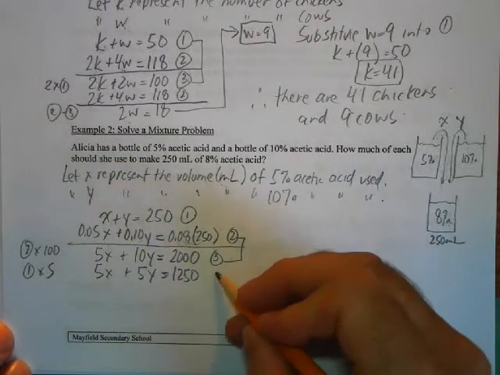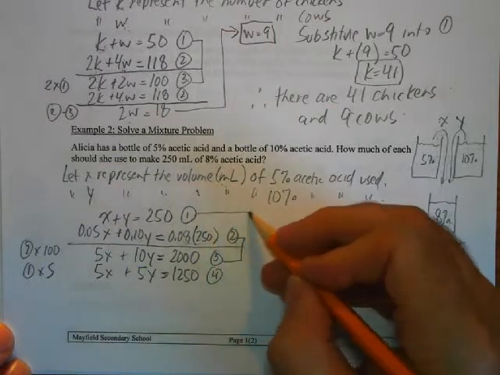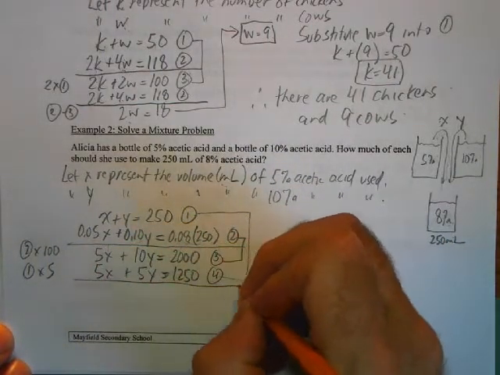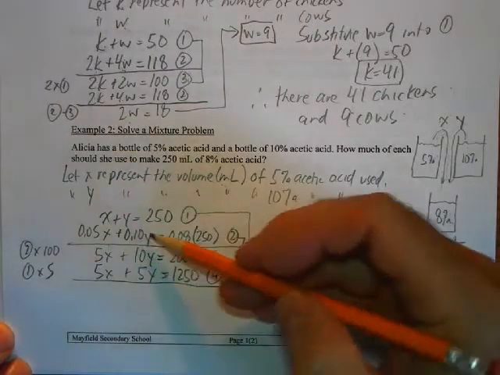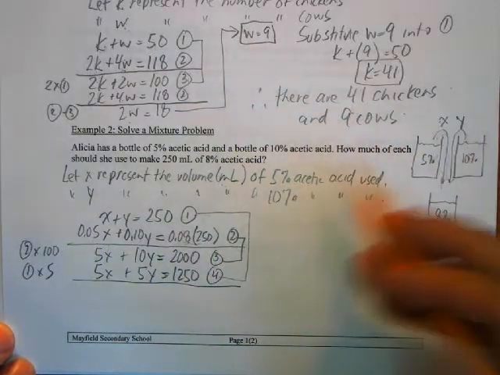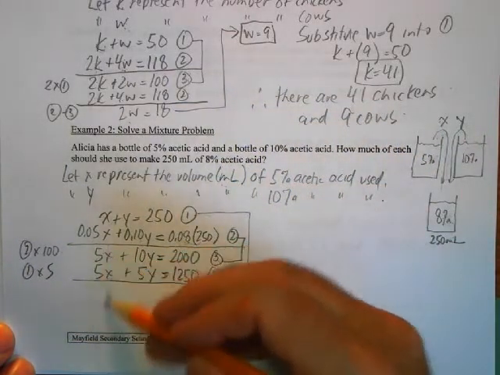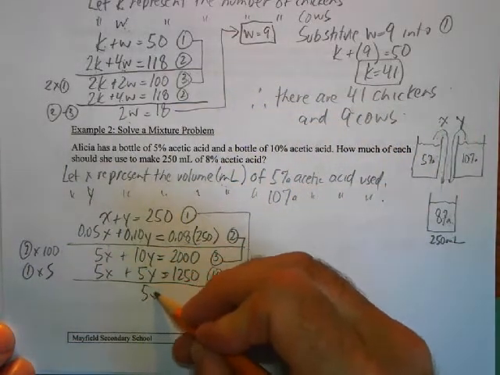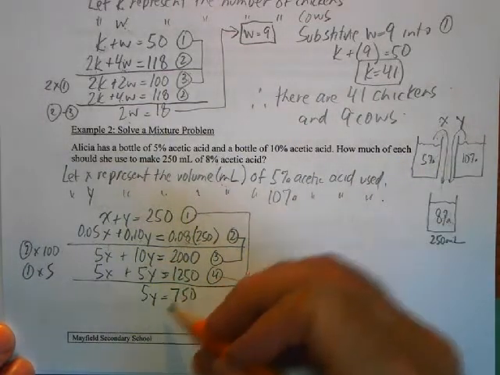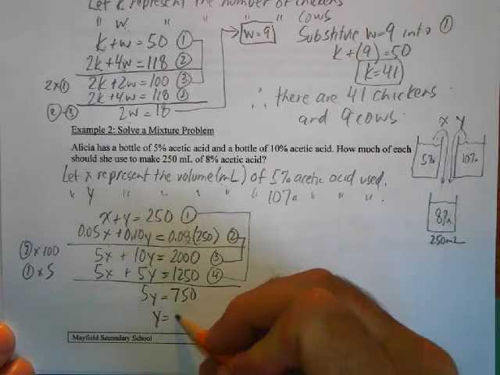And that's equation 4, which came from equation 1. And now we can just subtract. I'm going to subtract down. I'm going to get positive values here and here. So that's 0. This is 5y. And this is 750. If I divide both sides by 5, I get y equals 150.